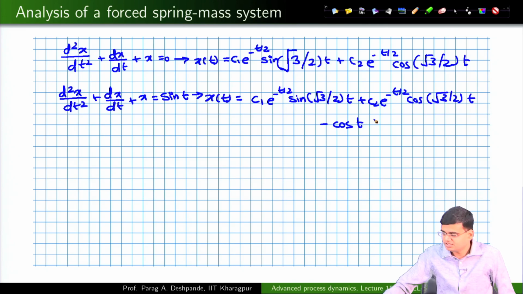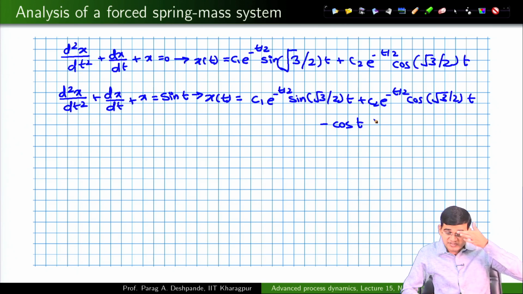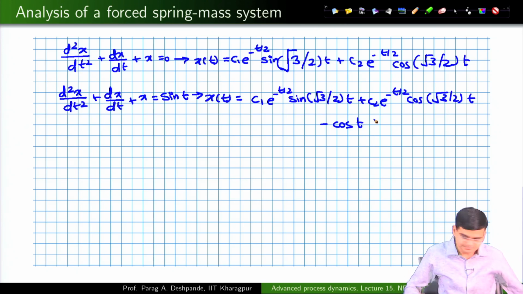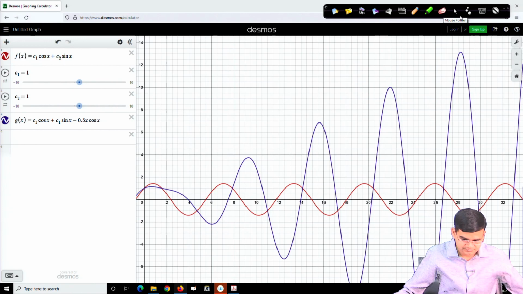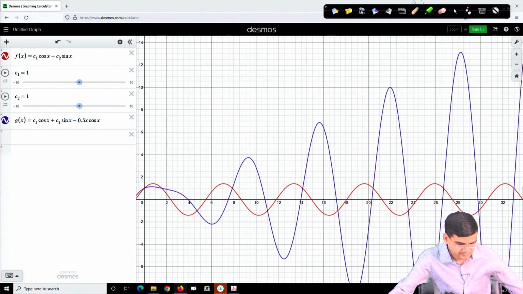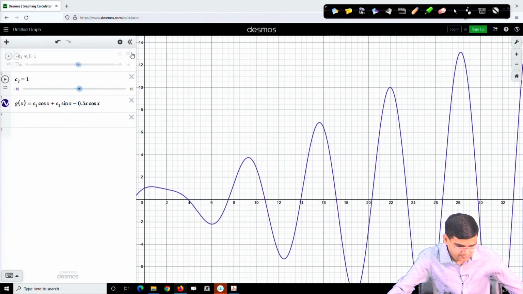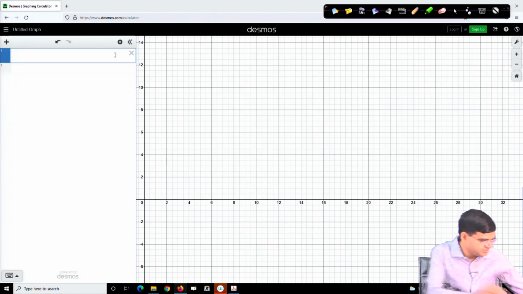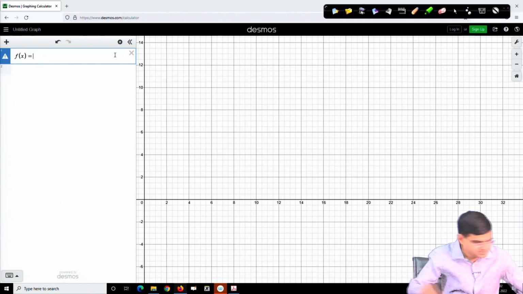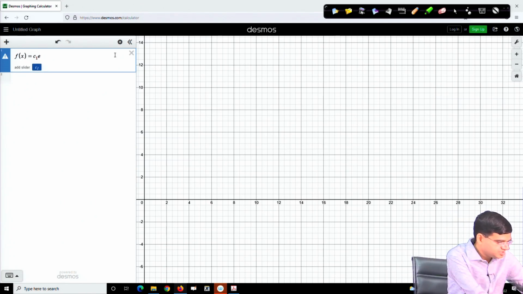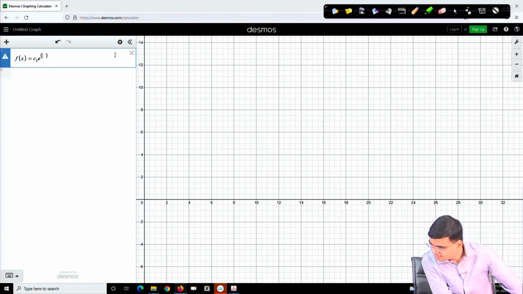If you solve this, you will get this. Okay. So, let us plot both of these and compare the solutions. So, I have f of x is equal to c1 e to the power minus t by 2.